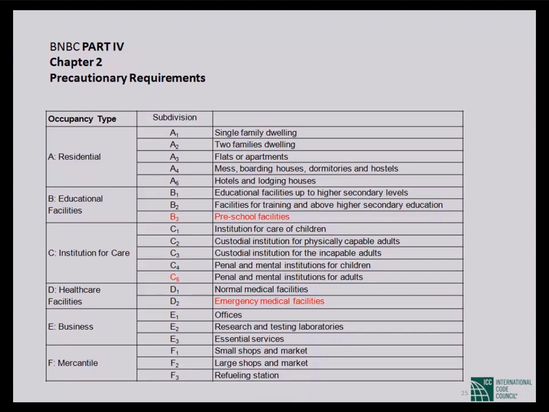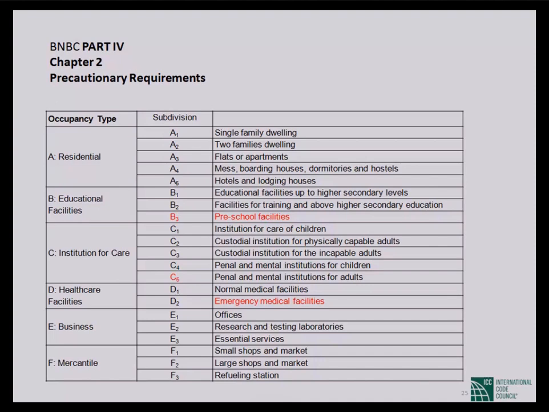As for example, in Rajuk Bidhimala there is no subgroup B3 preschool facility. They are only 1 and 2. At the same time, in the institution, in the C, in the Rajuk Bidhimala, there is no C.